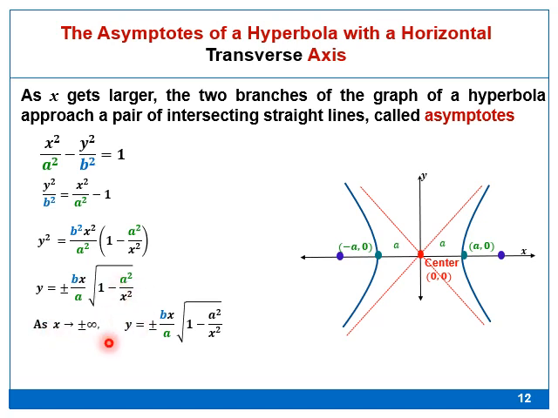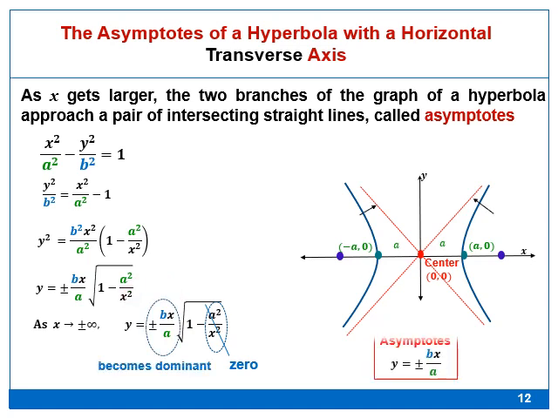Now we can take the limit as x approaches plus or minus infinity, and you can see that this term will completely vanish, and then the dominant term will be y is equal to plus or minus bx over a. These are the equations of the asymptotes. They pass through the origin, and they don't have a constant here. Also, one of them has a positive slope, and the other one has a negative slope.